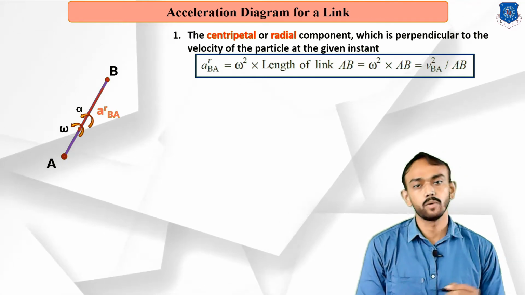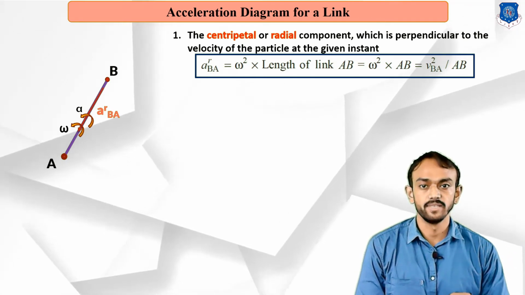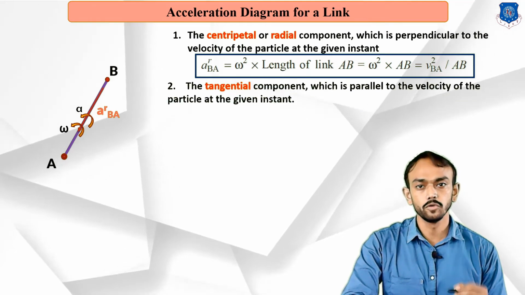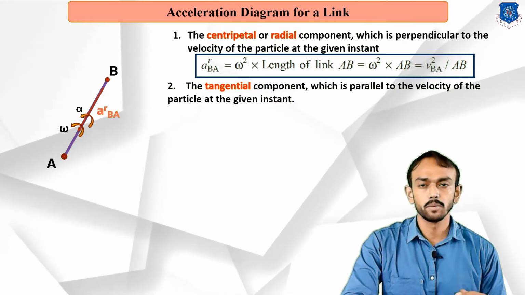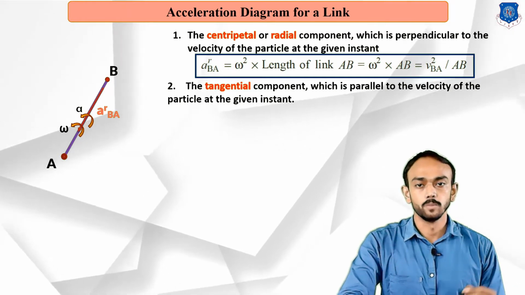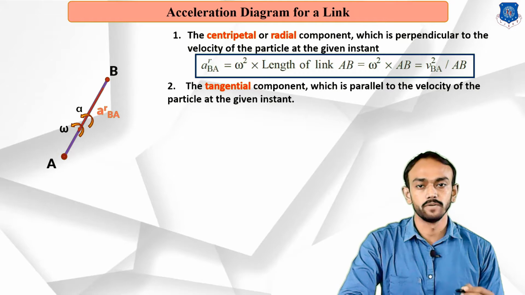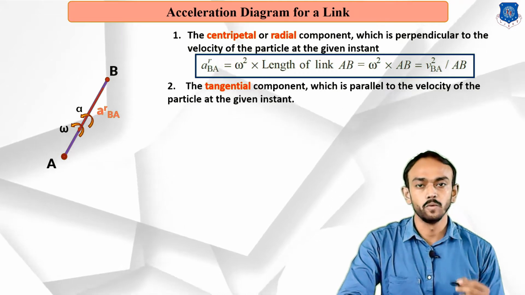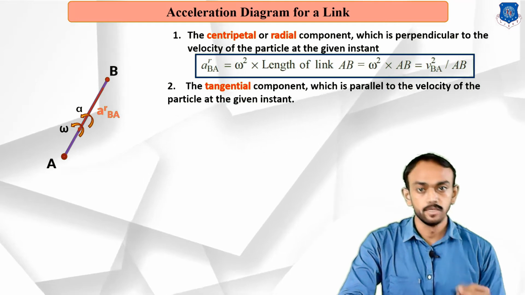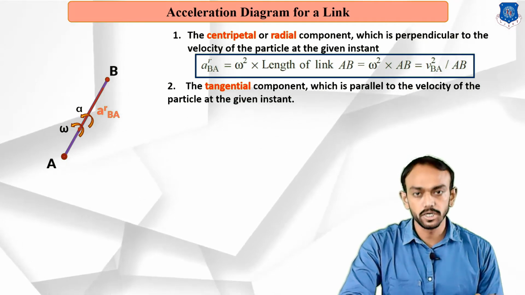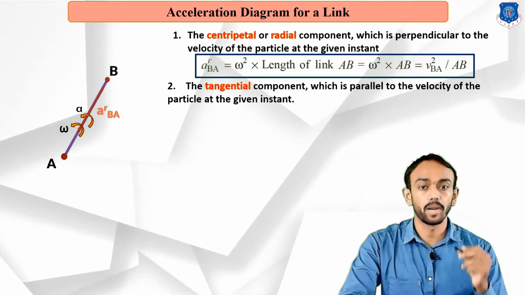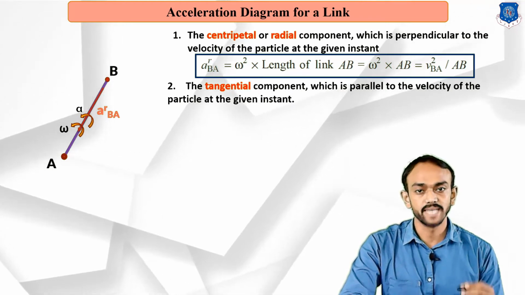Now take the second component, which is the tangential component. You can see the definition: the tangential component is parallel to the velocity of the particle. As you know, the tangential component will be parallel to velocity, meaning it will be perpendicular to the link. So whenever we take the tangential component of any element, we take it perpendicular to the link, same as in velocity.